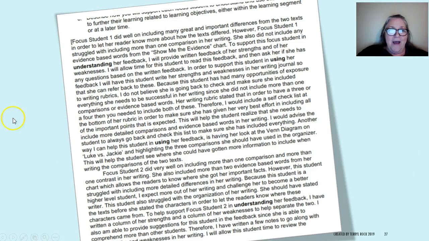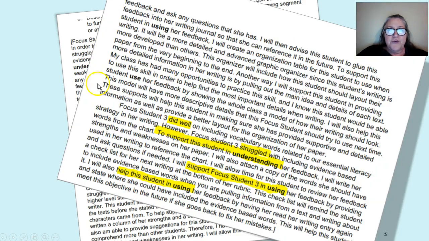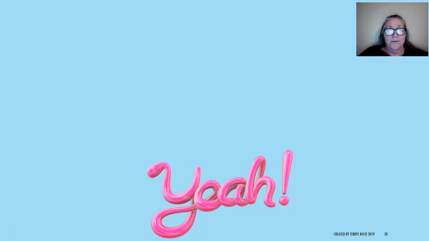So she had a paragraph for focus student 1, a paragraph for focus student 2, and all through, I didn't highlight the whole thing, but all through she's talking about what they did well on, what they struggled with, supporting them in their understanding of feedback, supporting them in using the feedback. So she uses those words from the rubrics and makes it really strong.